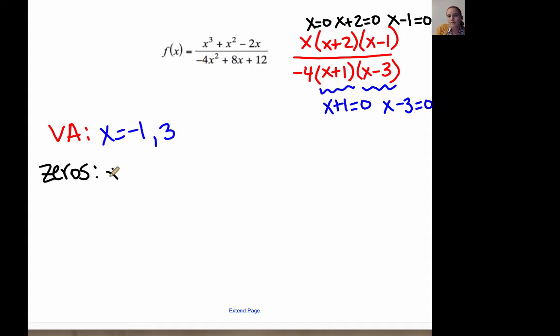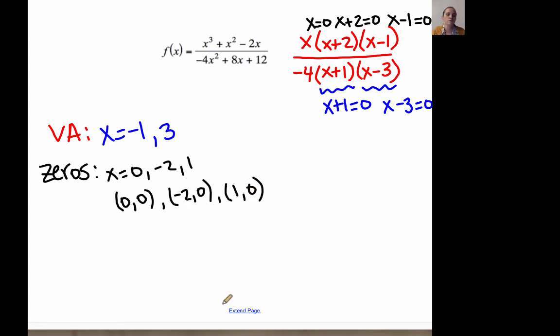So at x equals 0, -2, and 1. Or you could write this, since they are hitting on the x-axis, the y values will be 0. So that point, (0, 0), (-2, 0), and (1, 0). Okay, all of those are the zeros.